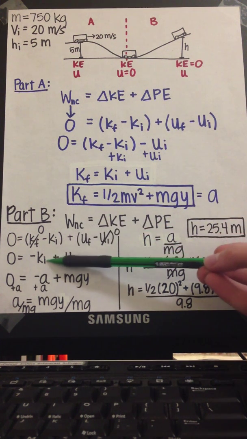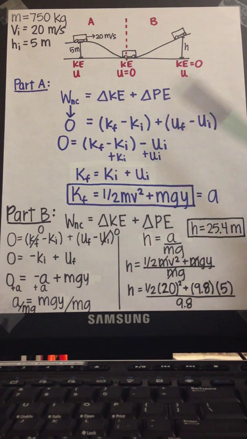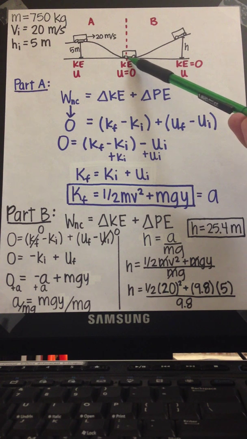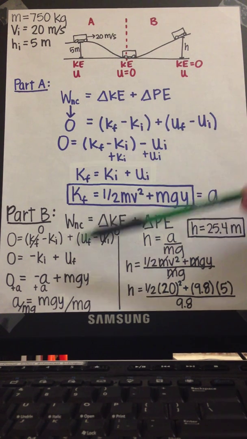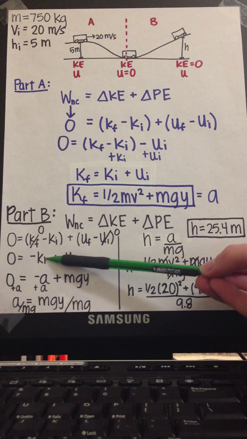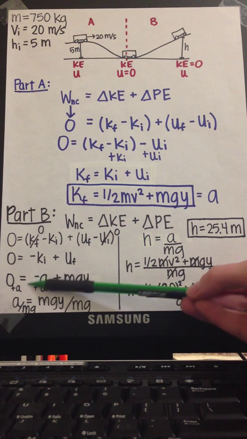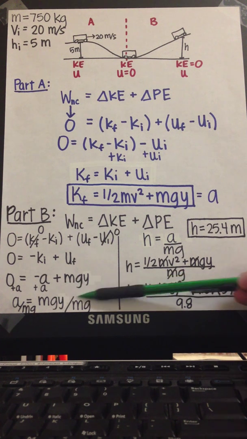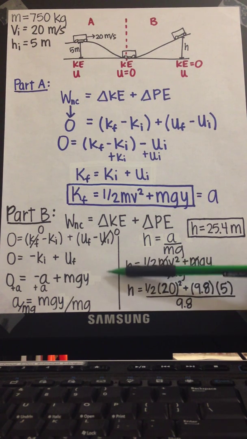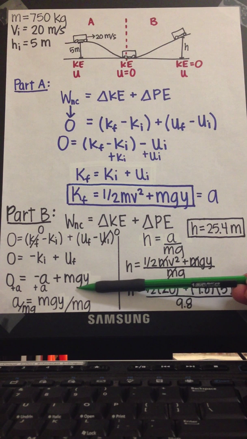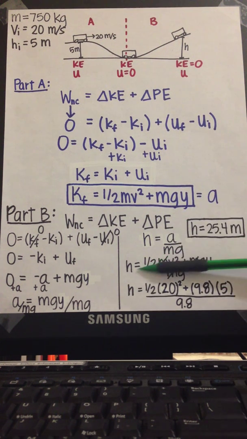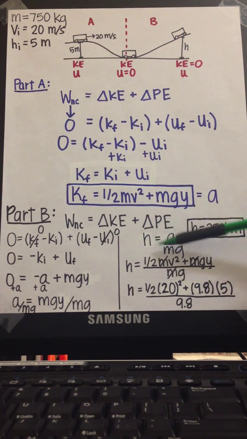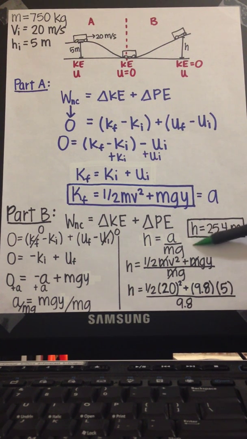Since the initial kinetic energy here is the same as the final kinetic energy from part A, you can just say that this is A. So you can say 0 equals negative A plus mgy. Then you solve for y, and you get h equals A over mg.